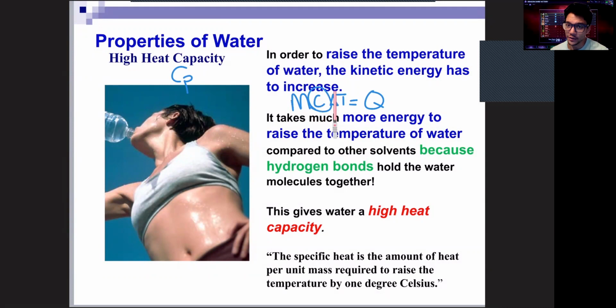Now, water has a really, really high specific heat. And those of y'all who did vocabulary for me, you probably wrote down a table of specific heats, and I asked you to do water. Water is 4.18, give or take, joules per gram degree Celsius.